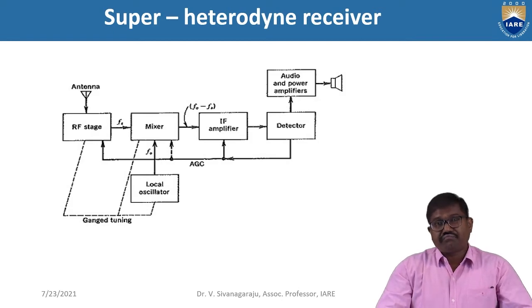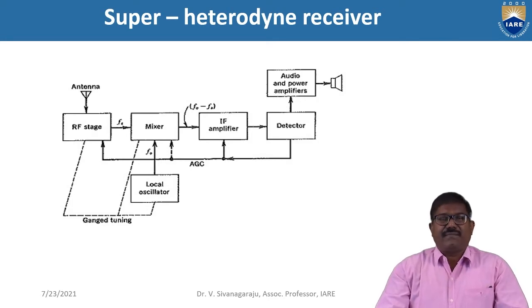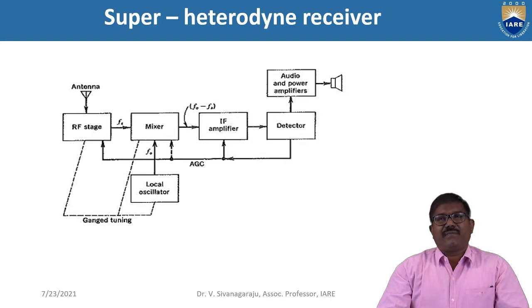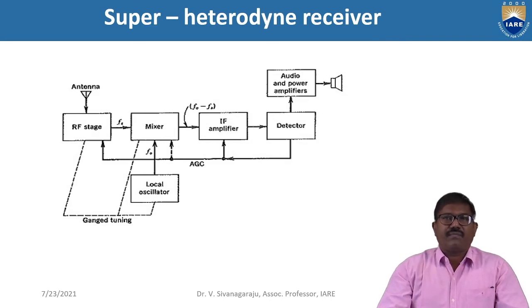That is, the super heterodyne receiver has high sensitivity and high selectivity. That means it is going to select the desired signal from all unwanted signals. That is done by this IF stage. And the fourth block is the detector, and finally the audio and power amplifiers. That is the amplifying stage.